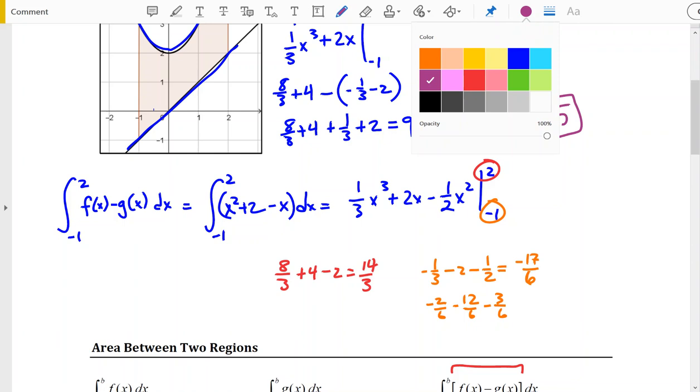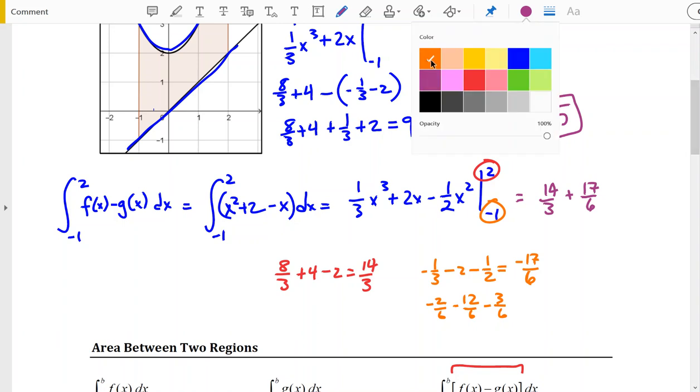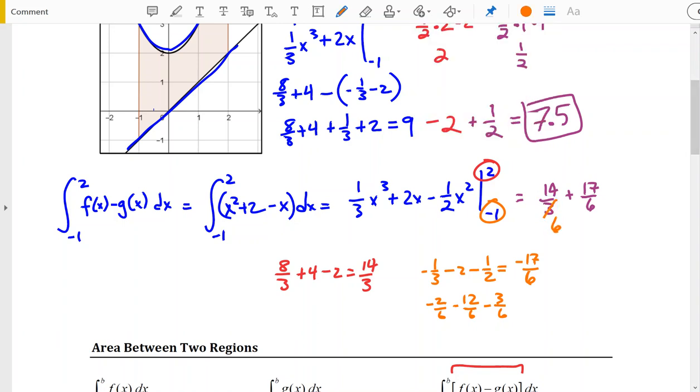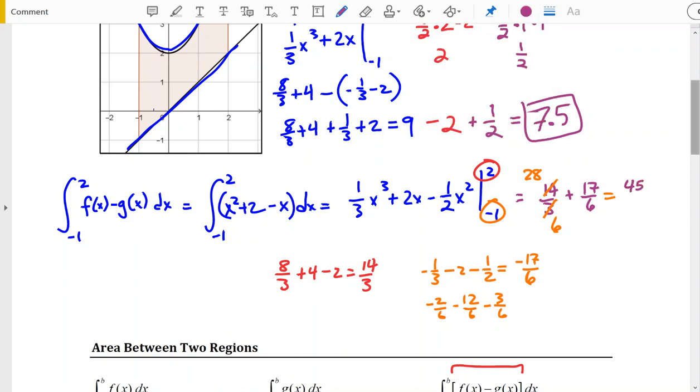So our area is going to be equal to 14/3 plus 17/6. Again, we're probably going to want to get common denominators here, 6 and 28, giving us a result of 28 plus 17, 45/6, or 15/2, which is in fact 7.5.